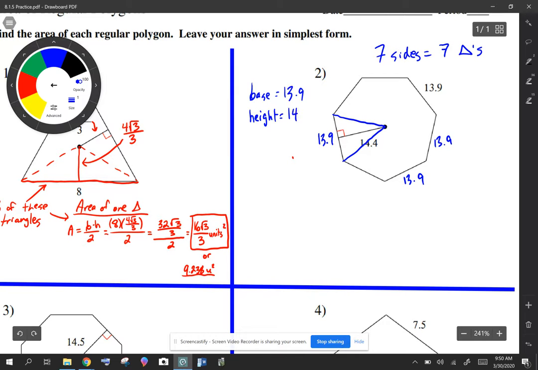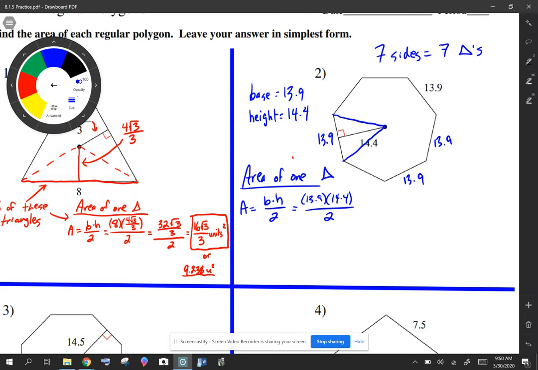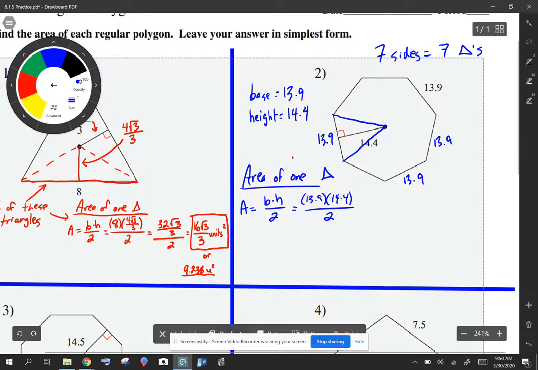So 14.4 and 13.9. If we find the area of one triangle, then we can find the area of the entire shape. So area equals base times height, and we divide that by 2. We're going to take base 13.9, multiply that by height 14.4, divide that by 2. If I do that really quickly, 13.9 times 14.4, we get 200.16.